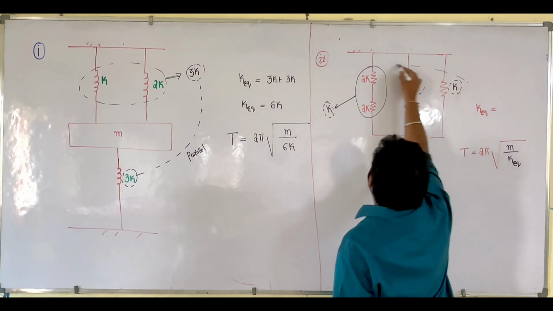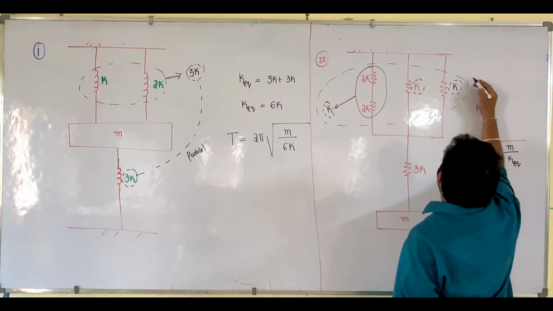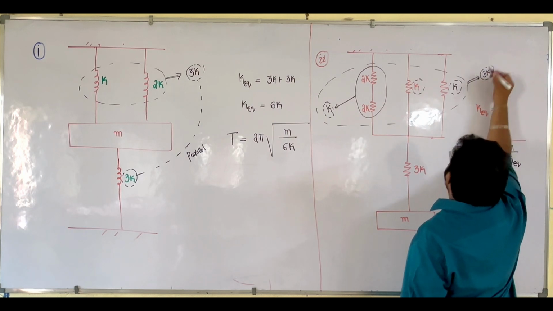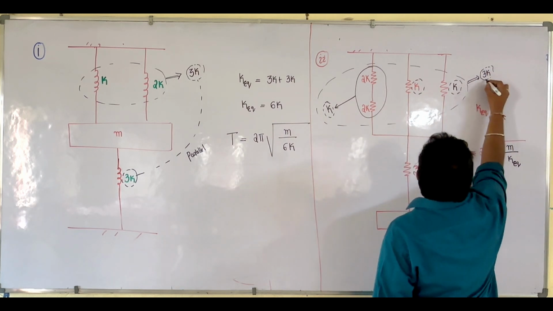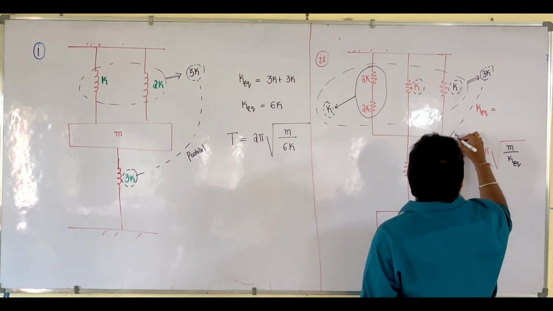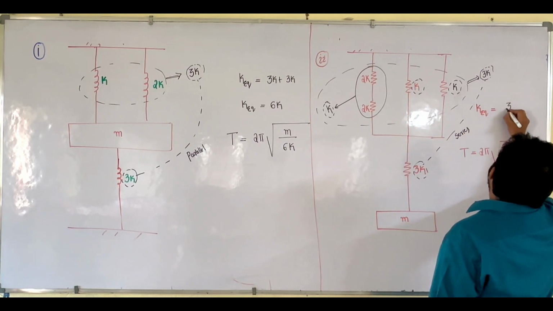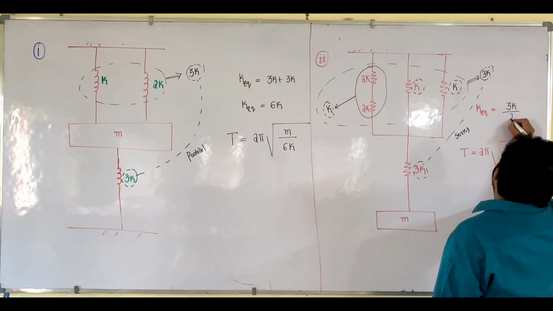3K, 3K. The entire part becomes how much? These are in series. Then K equivalent equals how much? 3K by 2.